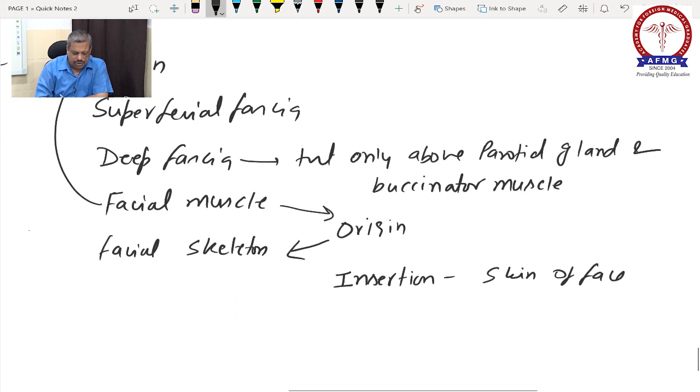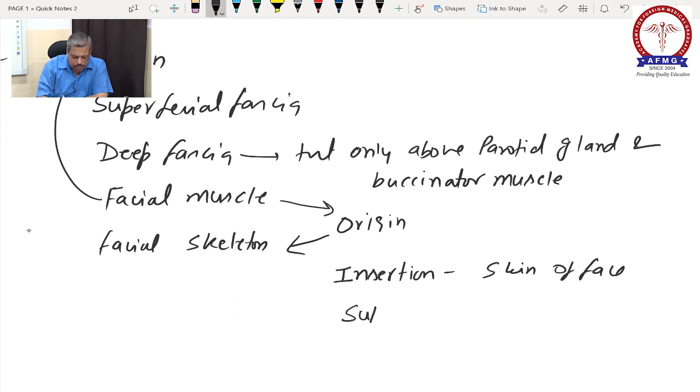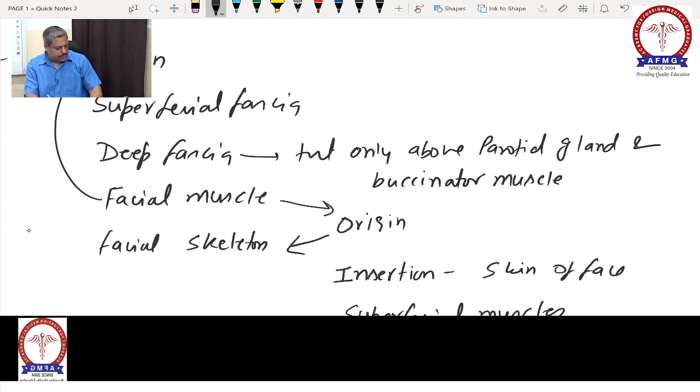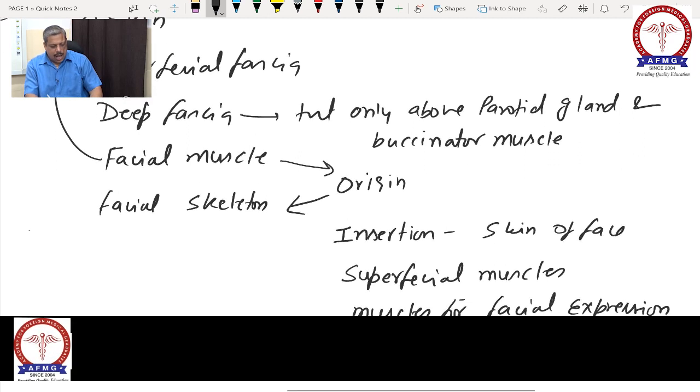That is why facial muscles are the superficial muscles. Clear? These are also known as muscles for facial expression.